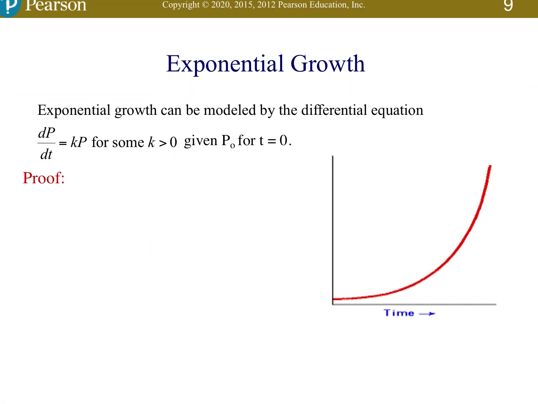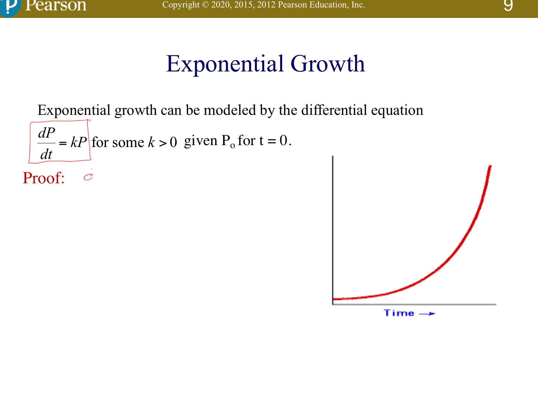So let's look at how we get from the proportional relationship to an exponential relationship. If we look at the proportional relationship given here, dP/dt equals kP, that's a direct proportional relationship.